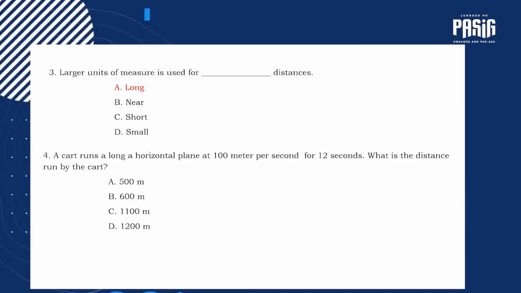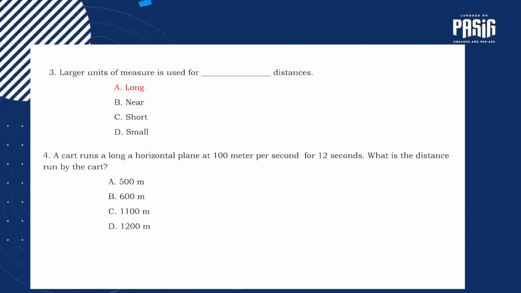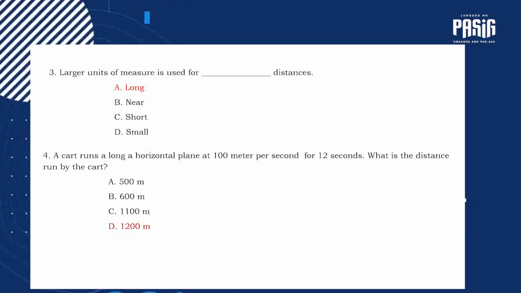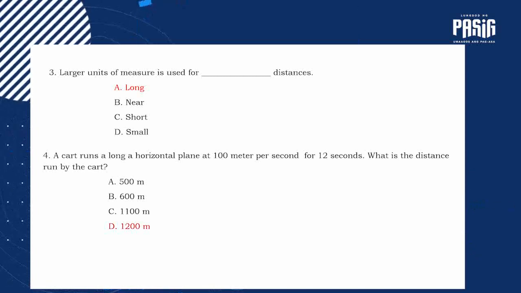So what is the distance run by the cart? A, 500 meters. B, 600 meters. Letter C, 1,100 meters. And letter D, 1,200 meters. Answer please. Very good. Letter D, 1,200 meters.